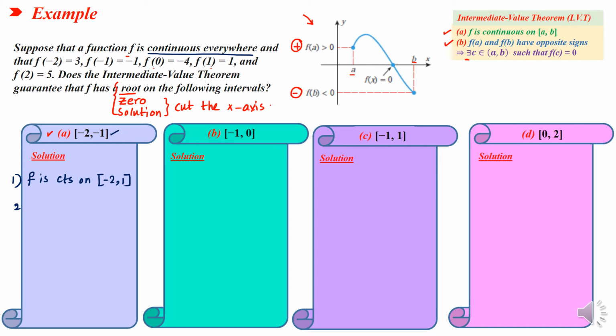And second, you have to check the sign of f of negative 2 and the sign of f of negative 1, so you plug the endpoints of the interval into the given function. But everything is given in this question, because f of negative 2 is given and equals 3, which is a positive number, greater than 0, and f of negative 1 is given and equals negative 1.